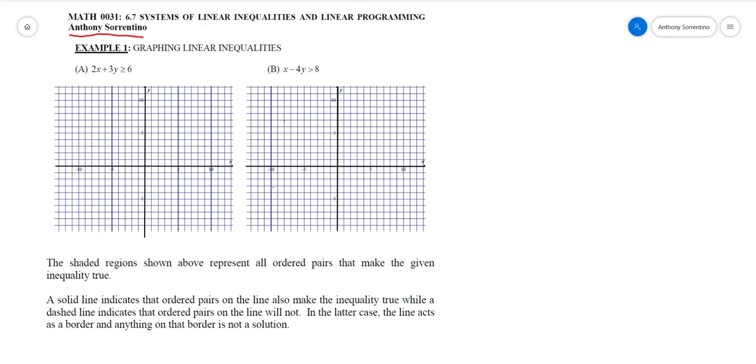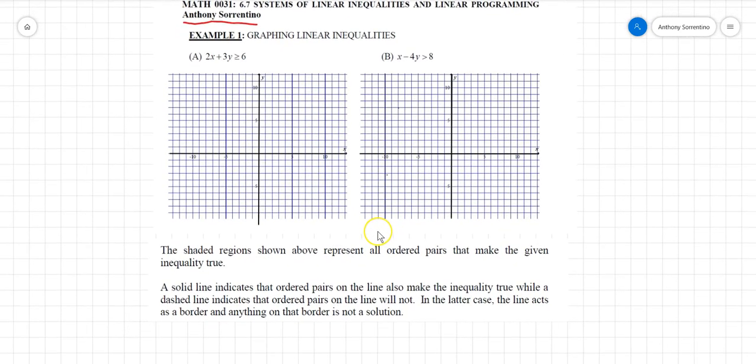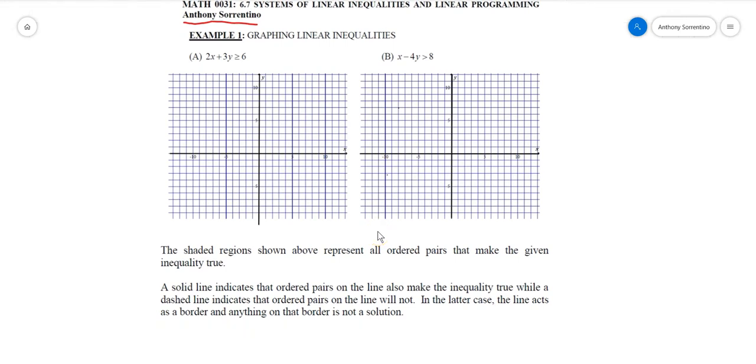But before we can start doing multiple inequalities, let's see what we do for single inequalities and how we would go about graphing them. And I'm going to give myself some space on both sides here. A linear inequality basically means I have an inequality symbol where I normally have the equal sign.